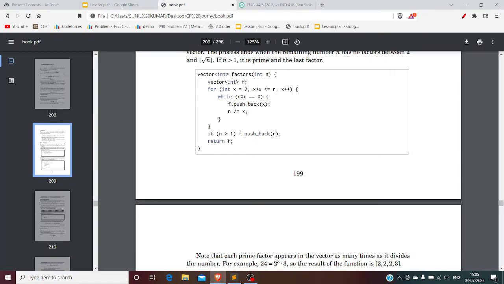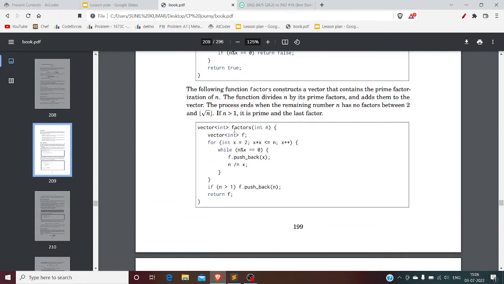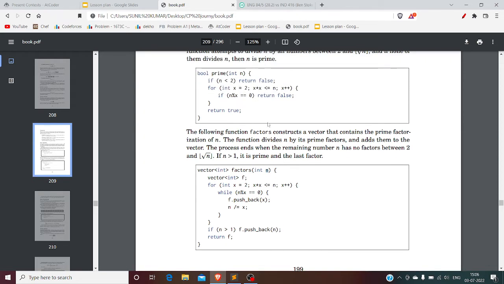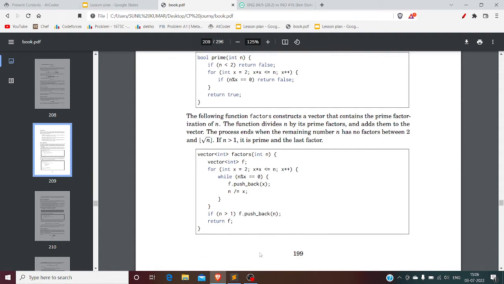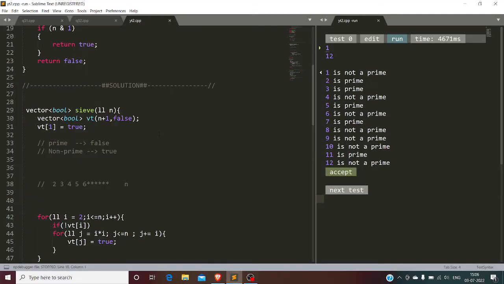Because I need to calculate the prime factorization of n, same problem as before, but here we were doing it for only one integer. Now let's see, given multiple integers from 1 to n, I need to tell what the prime factorization of a given particular number from 1 to n is, right?